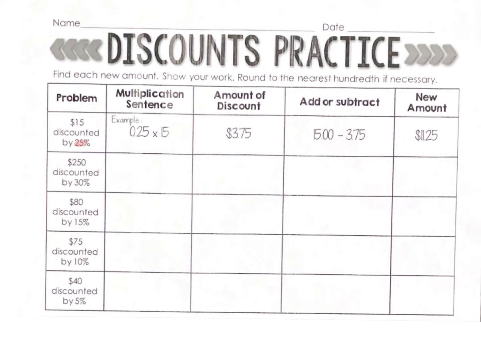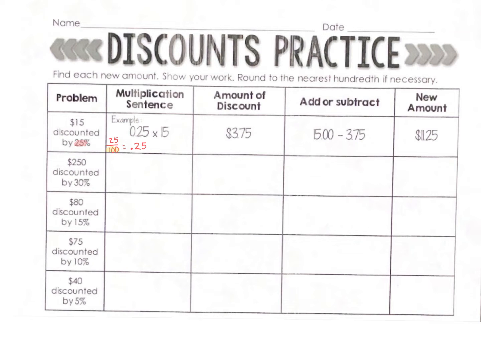So to figure out percent as a decimal, you just do 25 divided by 100 into your calculator, and that gives you an answer of 0.25 or 25 hundredths. Because percent means out of 100, that's where this number comes from. Percent is always out of 100. That's why I can divide 25 by 100.